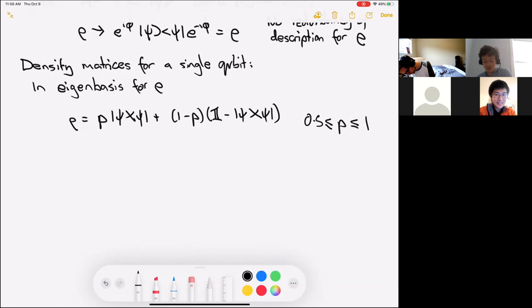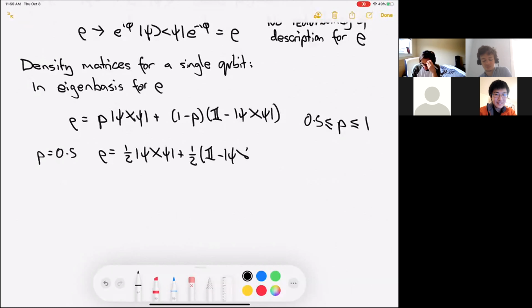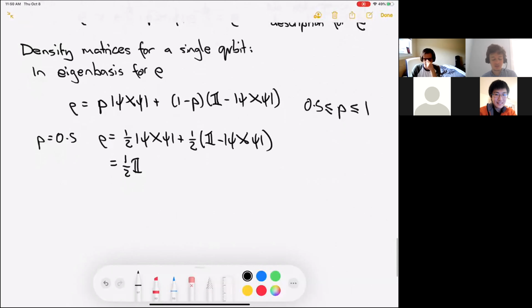So for example, let's say we have p equals 0.5. Then rho is a half times the projector onto psi, plus a half times the identity minus the projector onto psi. And of course, this is exactly just a half times the identity.